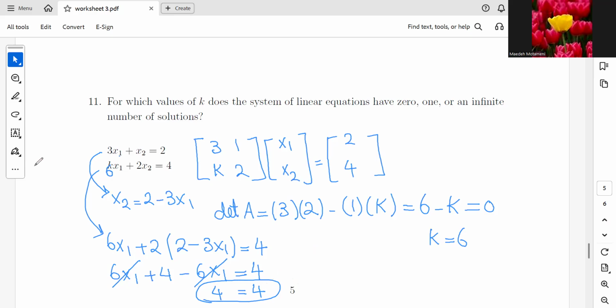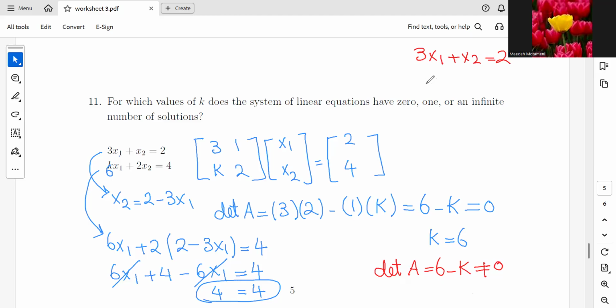But sometimes the determinant of A, which is 6 minus k, is not 0. In that case, we only have one solution. There is a unique solution. So k can be any number but not 6. Let's say we have 3x sub 1 plus x sub 2 equals 2.